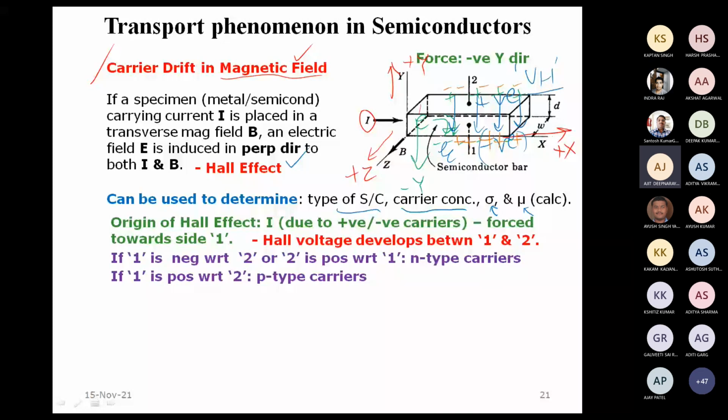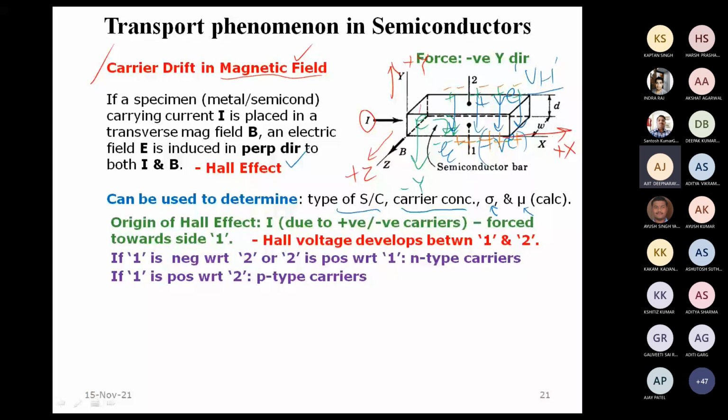Suppose we apply some measurement apparatus which can measure the strength as well as the polarity of this potential. Looking at the polarity of the potential VH, we can predict whether the specimen is n type or p type.